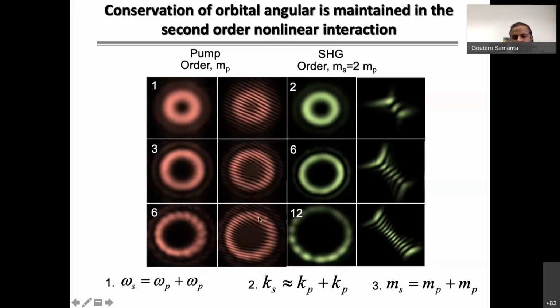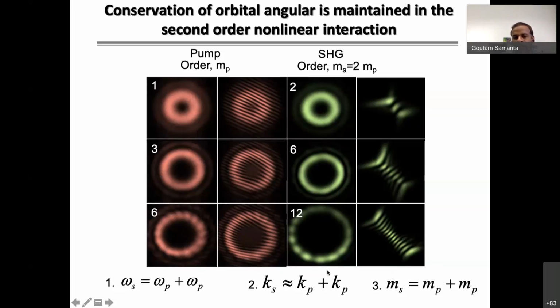So from here, when we started with 6, we are getting order 12 in SHG, because 2 photons, each carrying orbital angular momentum of 6ħ, are added in the nonlinear interaction, so that's why it will be 12. So that is what we found, that OAM conservation is satisfied in such a nonlinear interaction, on top of the energy conservation and momentum conservation.